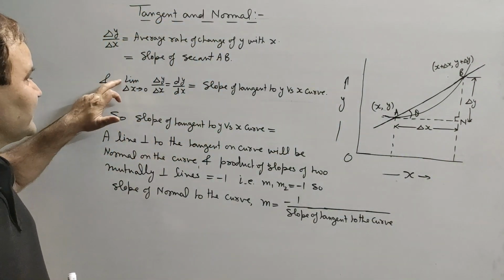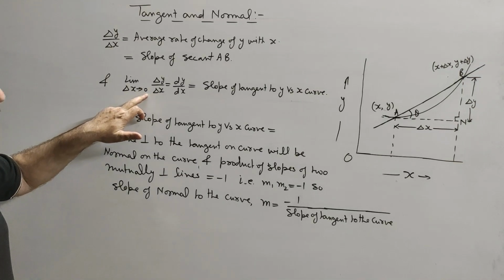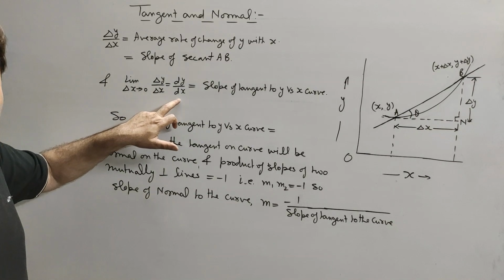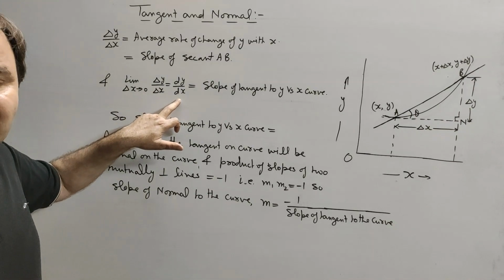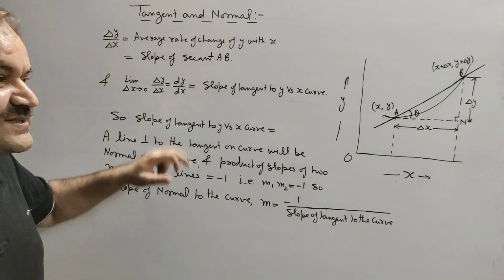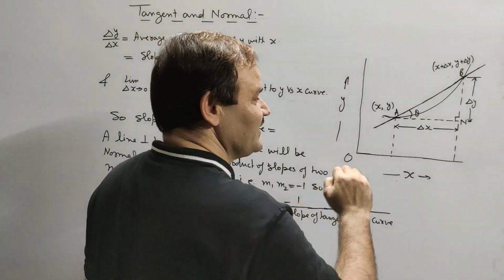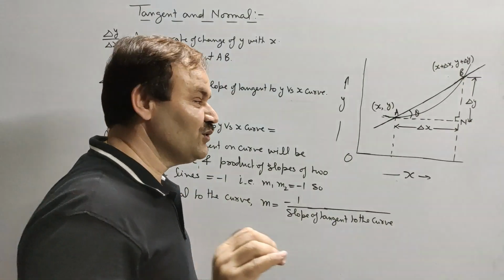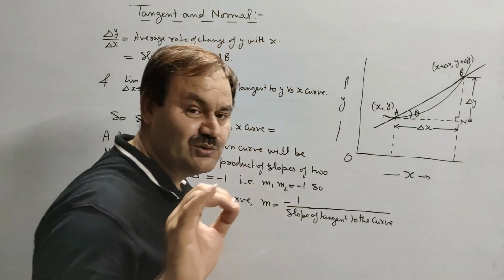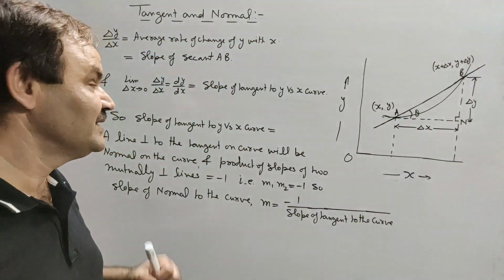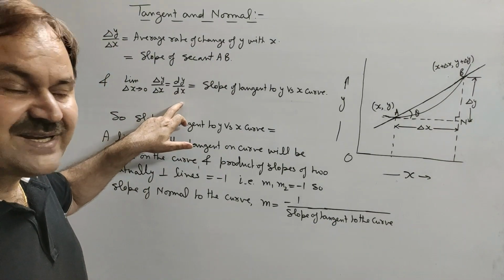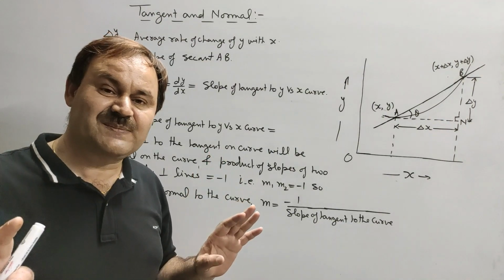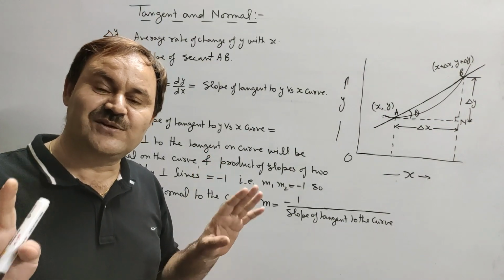Hence, under the limit delta x approaches 0, delta y by delta x becomes dy by dx, that is differentiation of y with respect to x, and differentiation of y with respect to x will represent the slope of tangent to y versus x curve.